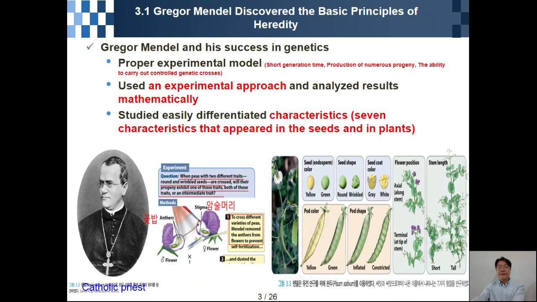So in this slide, we will learn about Mendel. Actually, Mendel discovered the basic principle of heredity. He was a Catholic priest, but he discovered the basic principle of heredity. How could he discover it?